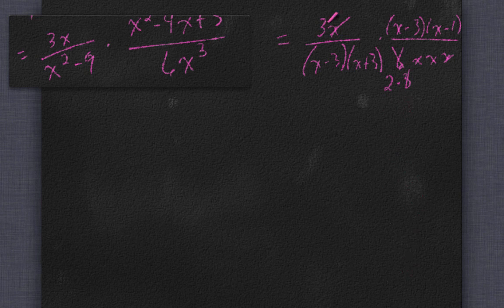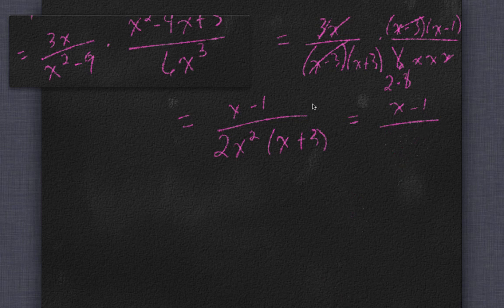So 3. So what I have left on the top is x minus 1. Down here I have 2, x squared, and x plus 3. So I might distribute or I might not.